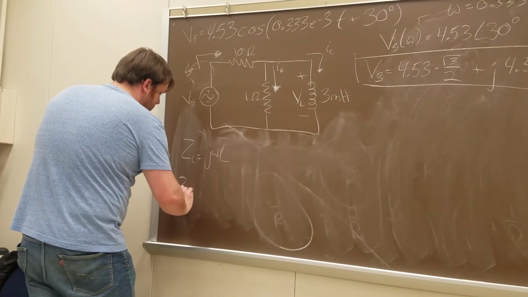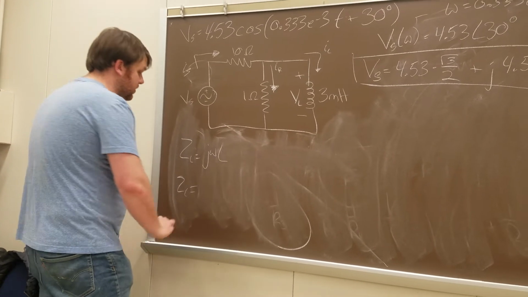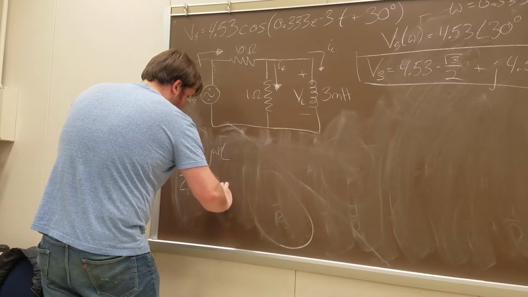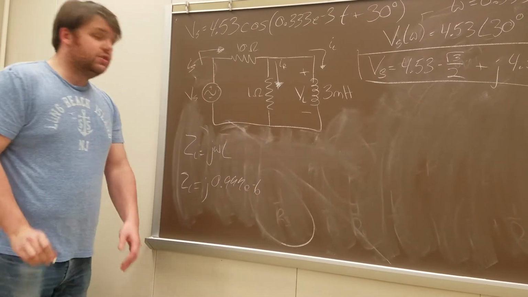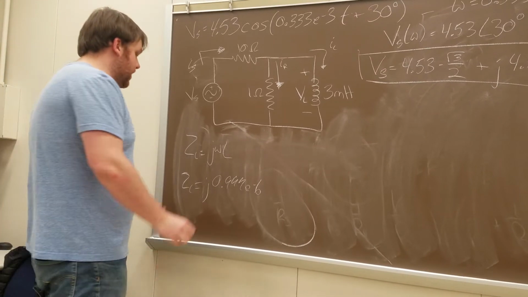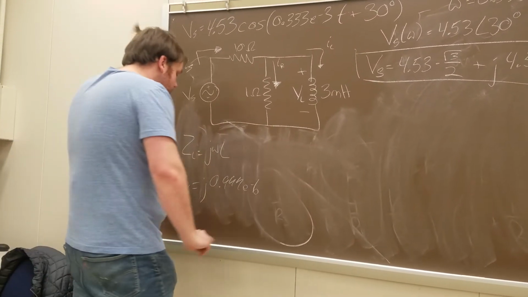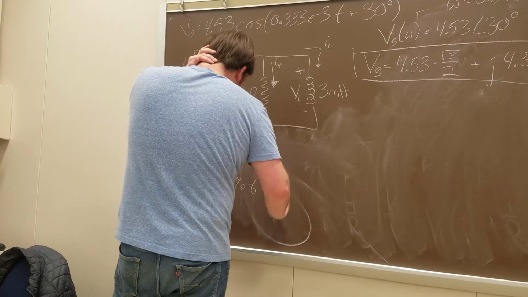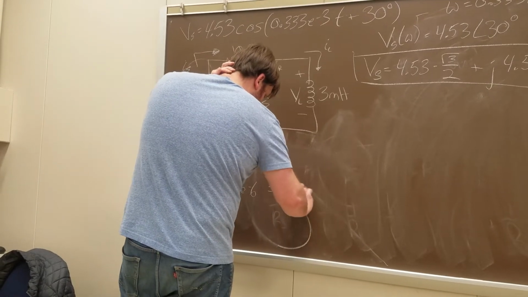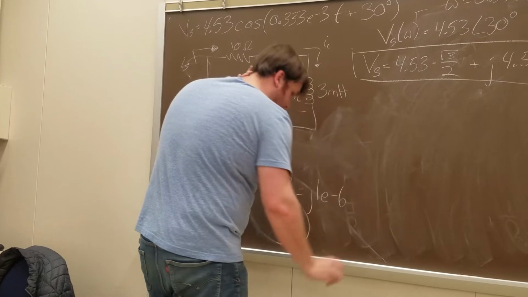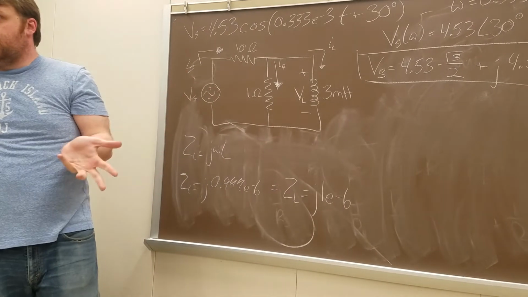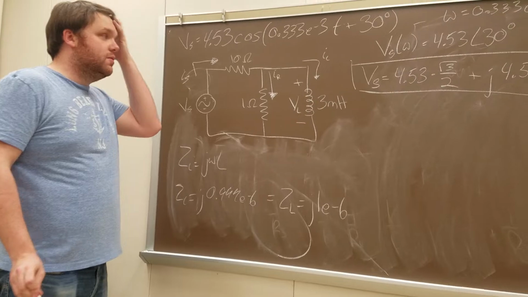So ZL works out to be something like J times 0.999 e negative 6, which is a ridiculous number, and I don't want to write that out that many times. So I'm just going to round, and I'm going to say ZL is equal to J times 1 e negative 6. That's reasonable, I think. It's not going to change the math that much.